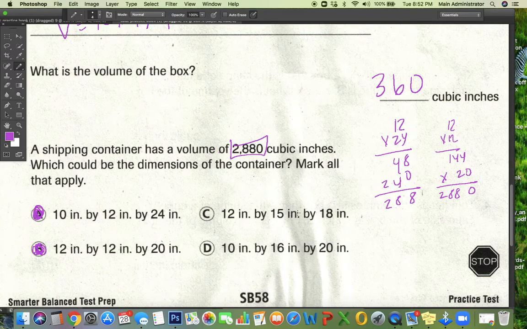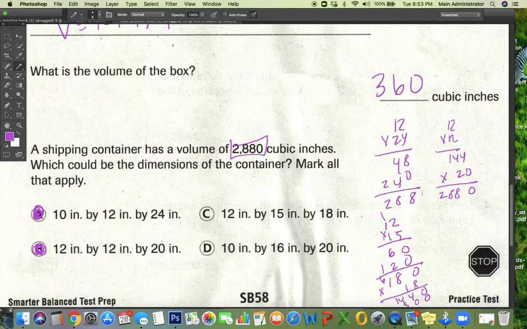C, let me see. These are around the same numbers. These are a lot less, but let me do the math to be sure. 12 times 15, 10, that's 6. 0 is a placeholder. Okay, and then I'm going to multiply that by 18. That's 0, 64, 114. 0 is a placeholder.